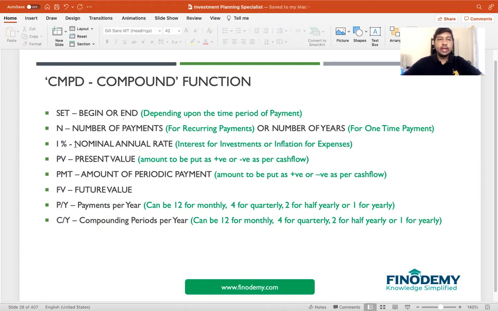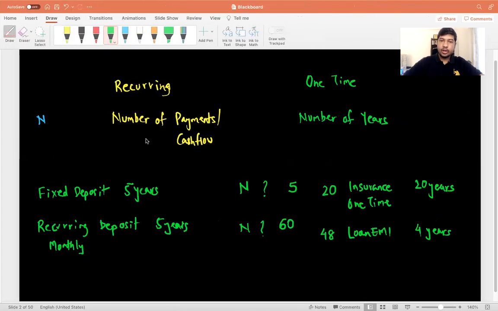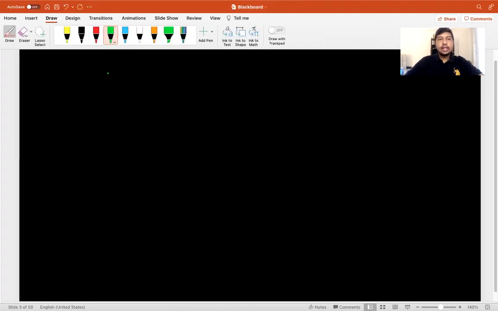Then the next field is I percentage. Now, in this case, whatever number you're going to put is always the nominal annual rate. What do I mean by nominal annual rate? Let's say there is a bank which offers 6% compounding monthly.